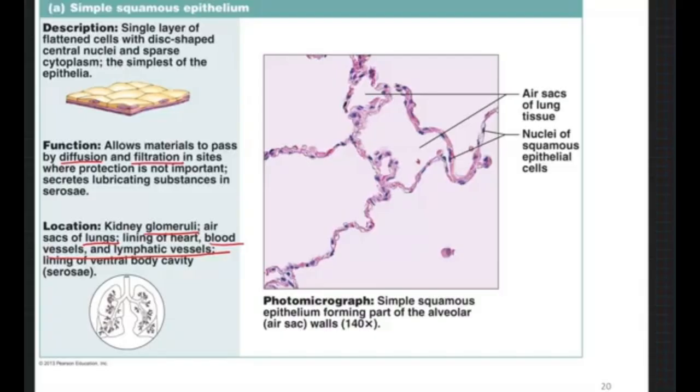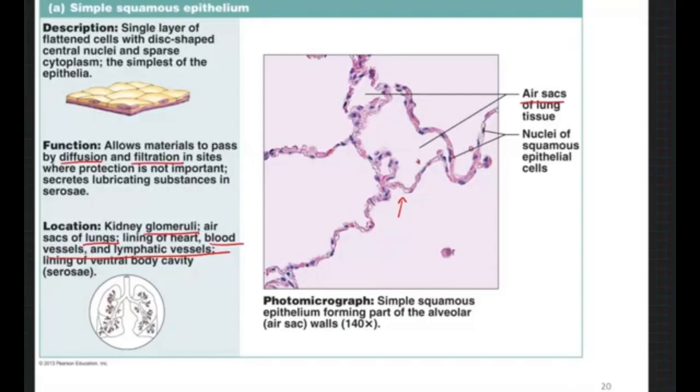There's an exchange between the tissues and the blood: nutrients, oxygen, carbon dioxide. You need a very thin layer, okay? So here you can see the alveoli in the lungs, and the walls of alveoli are formed by simple squamous epithelium.